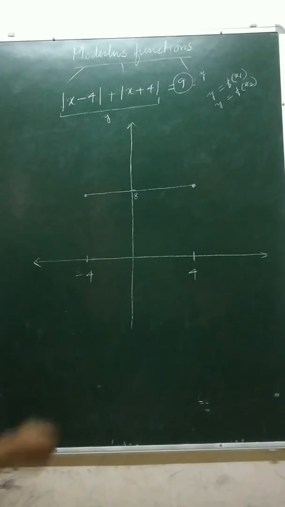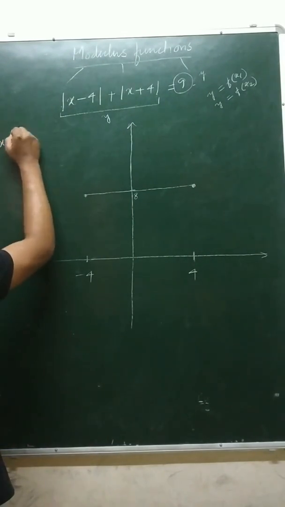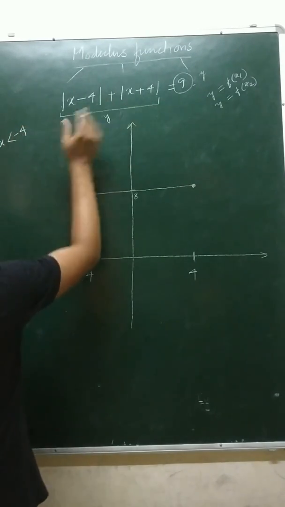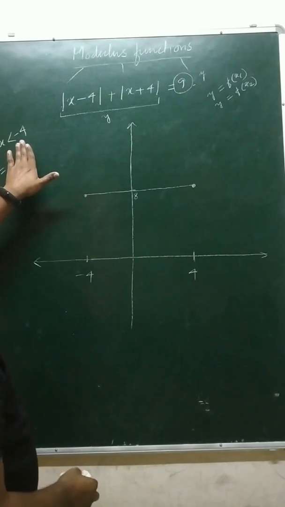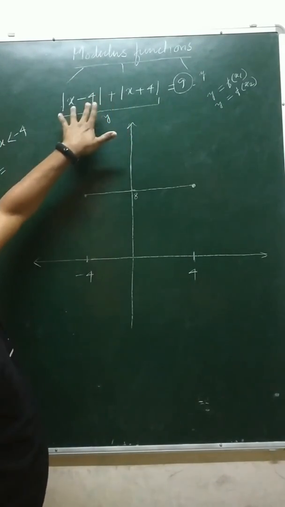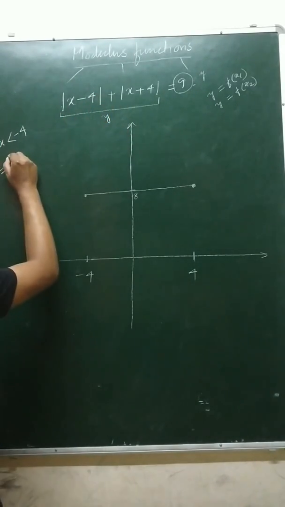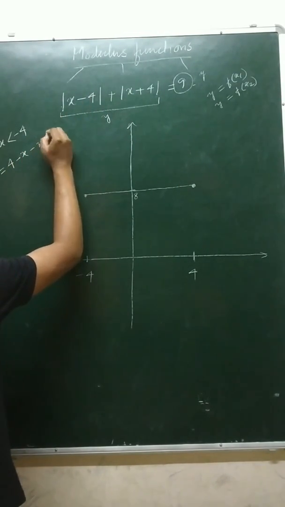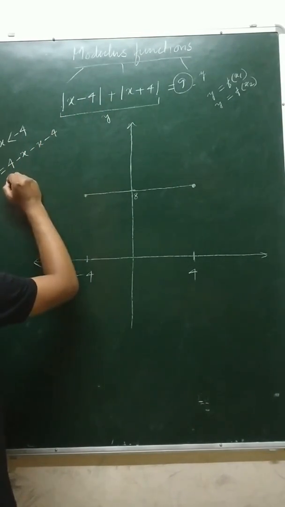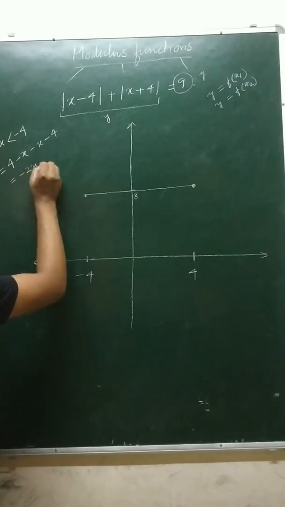Now less than minus 4, x less than minus 4. So what will y become? This one will open negative 4 minus x. That one also opens in negative, minus x minus 4. So I'm going to get minus 2x.